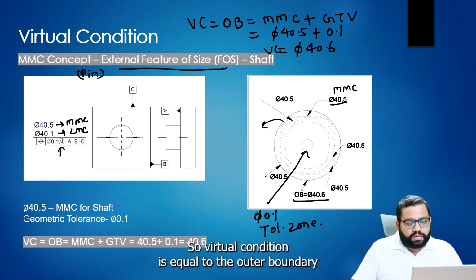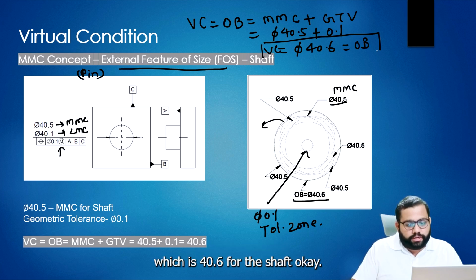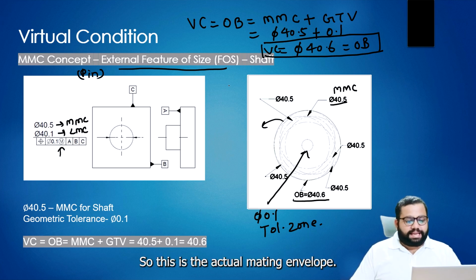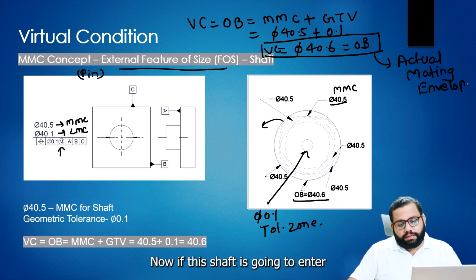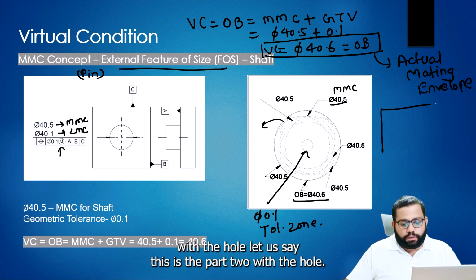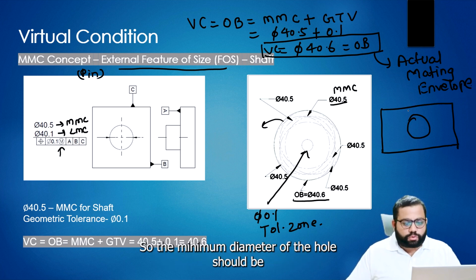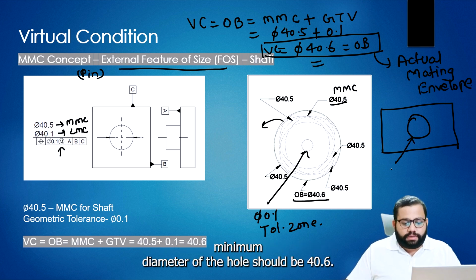So the virtual condition is equal to the outer boundary, which is 40.6 for the shaft. This is the actual mating envelope. Now, if this shaft is going to enter the hole, let's say this is part 2 with the hole, the minimum diameter of the hole should be 40.6.